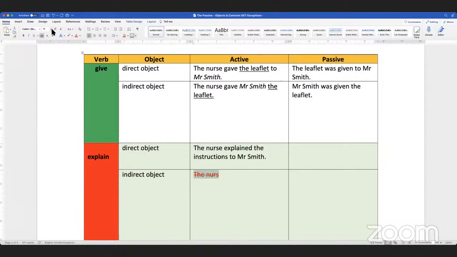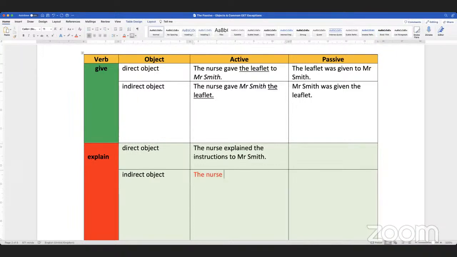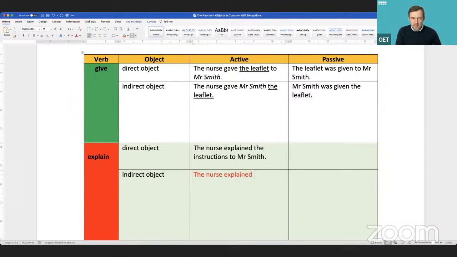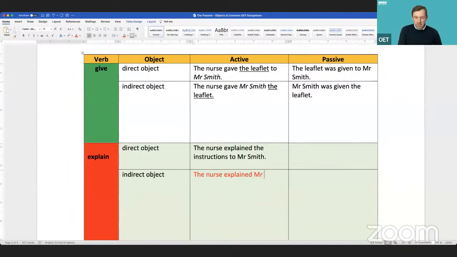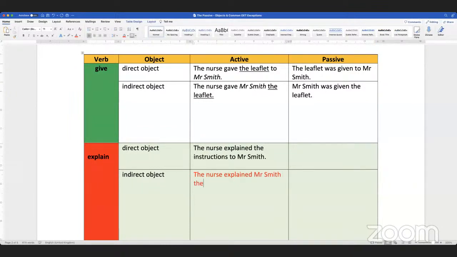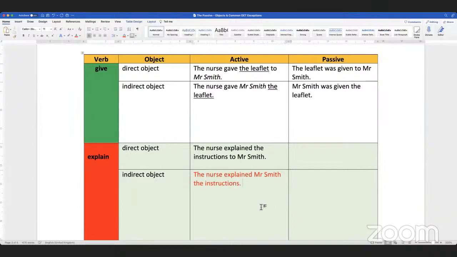The nurse explained, let's just put the indirect object, Mr. Smith, the instruction. Well, what do you think about that, Sophia? The nurse explained Mr. Smith the instruction.